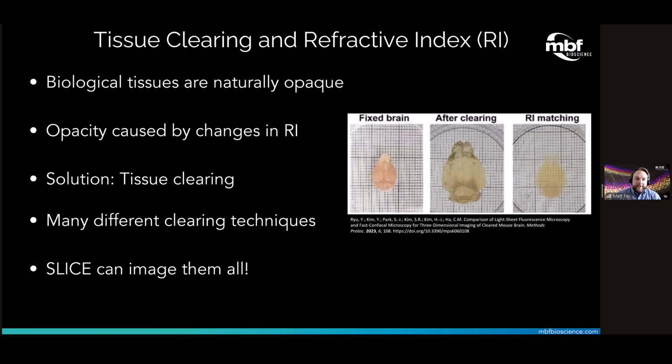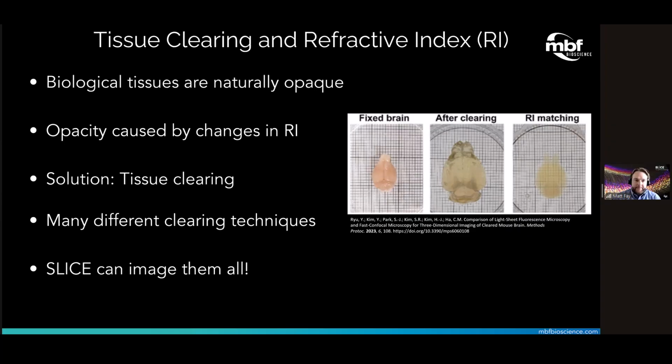I want to briefly touch on tissue clearing, a transformative technology that expands the capabilities of light sheet microscopy. Biological tissues are naturally opaque, which leads to light scattering when imaging large volumes. A major contributor to this opacity is mismatch in RI, or refractive index, between different tissue components.